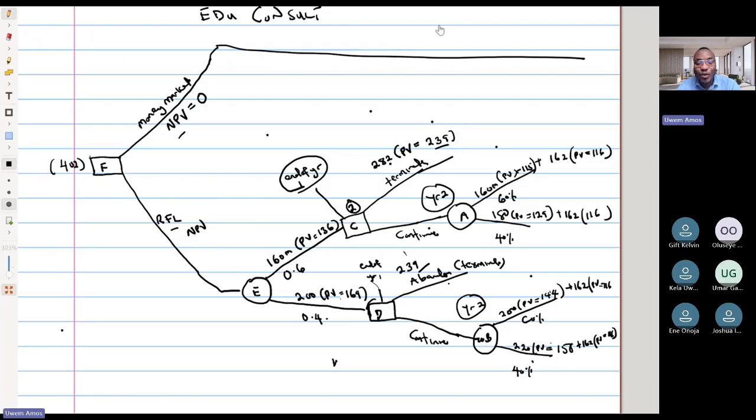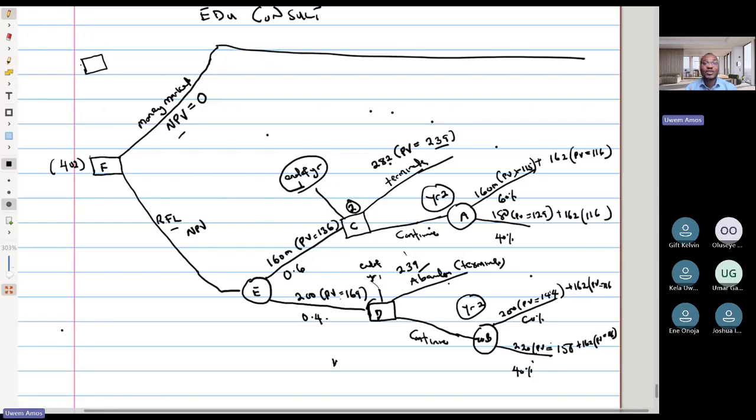Okay, guys, if we're good with that, let's go ahead and interpret our decision tree. We did mention that when you draw a decision tree, you're going to have 2 symbols. The first symbol is this square, which is the point where you have to make a decision.